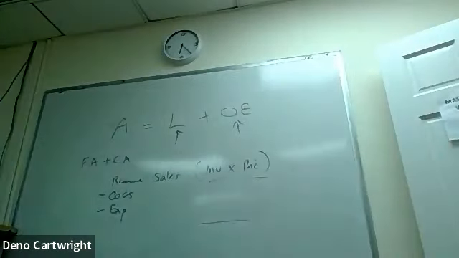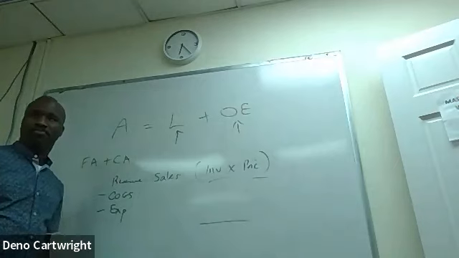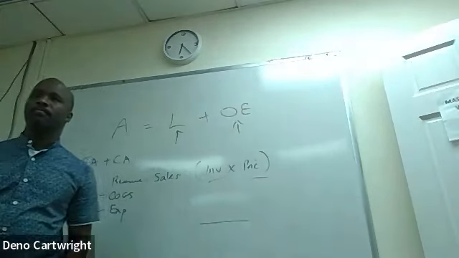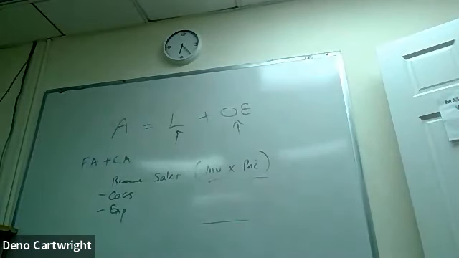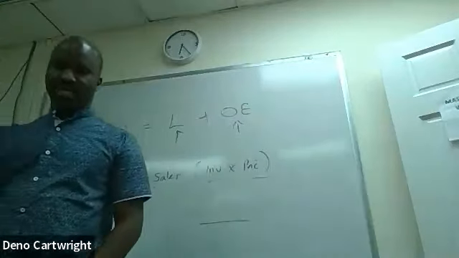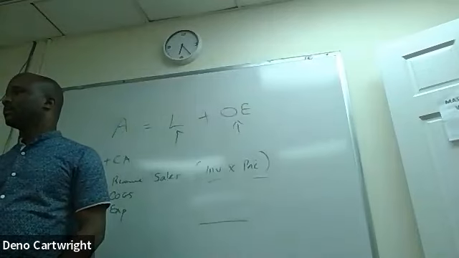What does that begin with? E. Before interest and taxes. Right, so you have earnings before interest, taxes, what else and what else? Depreciation and what?